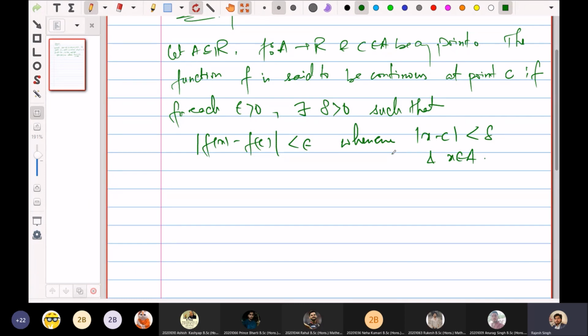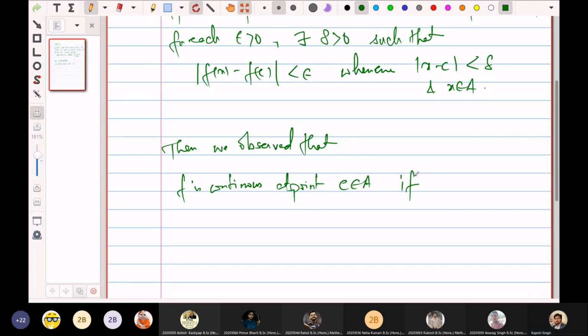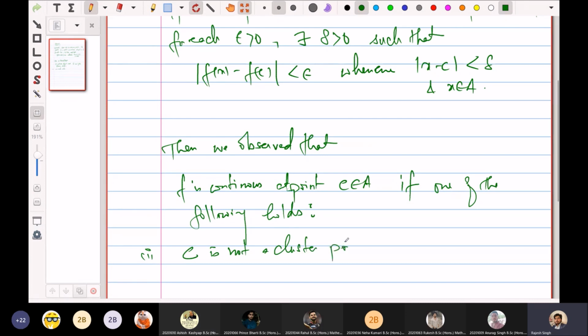So we observed that f is continuous at point c belonging to A if one of the following holds. First, if c is not a cluster point, then in this case it trivially holds.